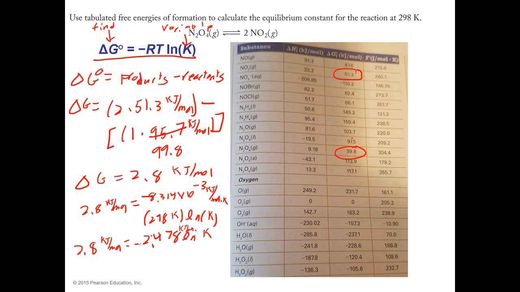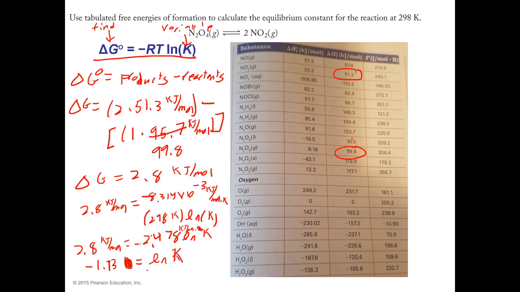So I'm going to divide both sides by negative 2.478. I get 2.8 divided by that, and I'm going to get negative 1.13 Kelvin. Oh, wait, the Kelvin canceled because I multiplied by temperature. Just kidding. There's no unit. All the units canceled. Negative 1.13 equals ln K.